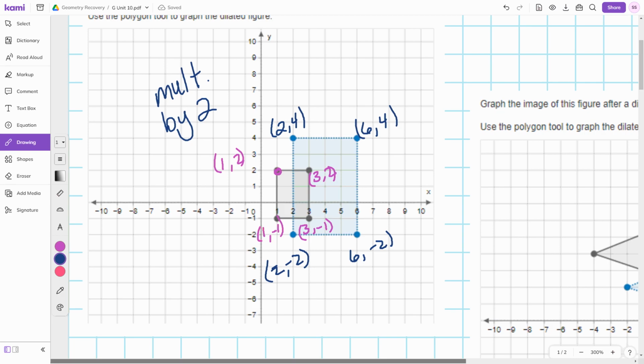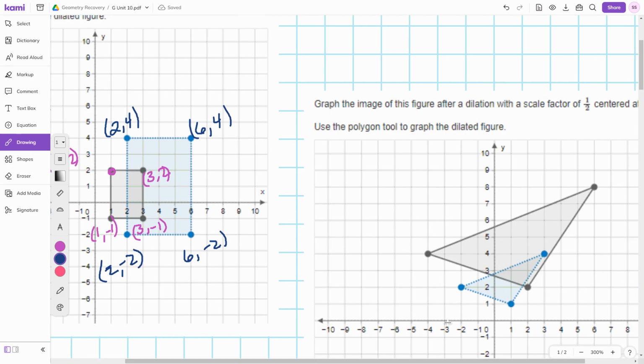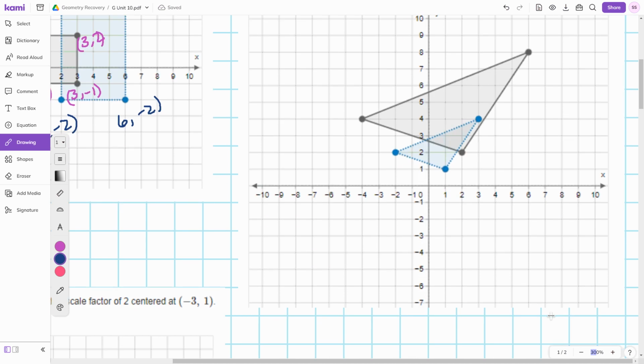The very next question says to shrink your function by 1/2. And it can get a little wonky when you're shrinking functions by 1/2, especially if you have odd numbers, because then you're dealing with decimals.